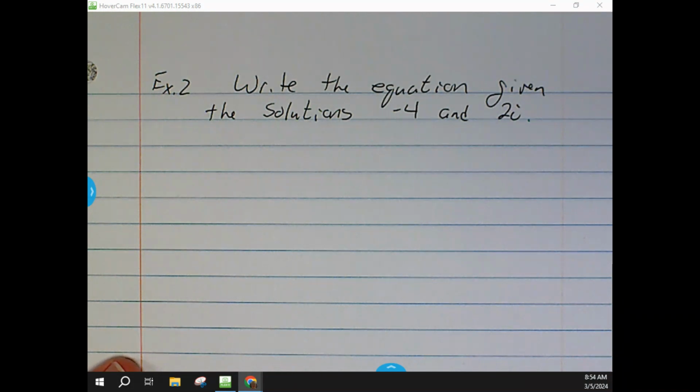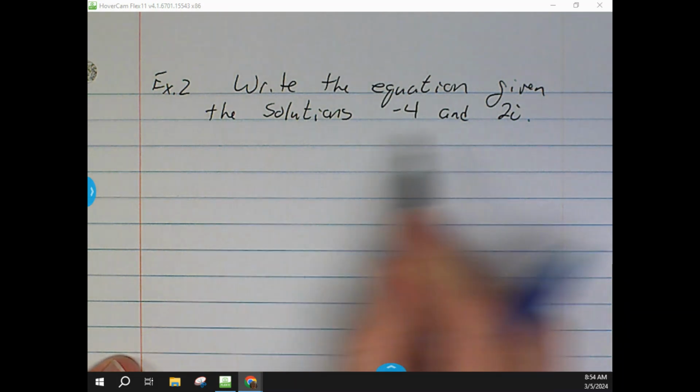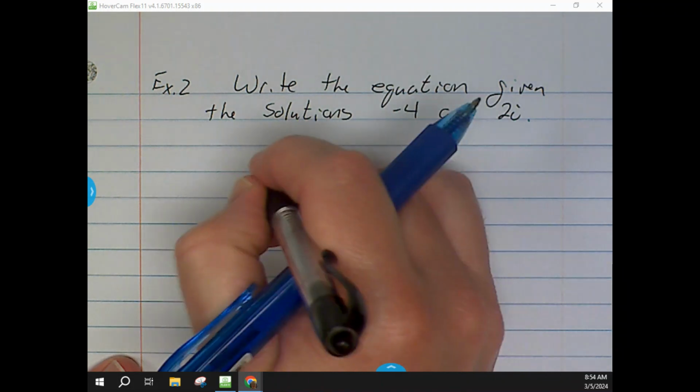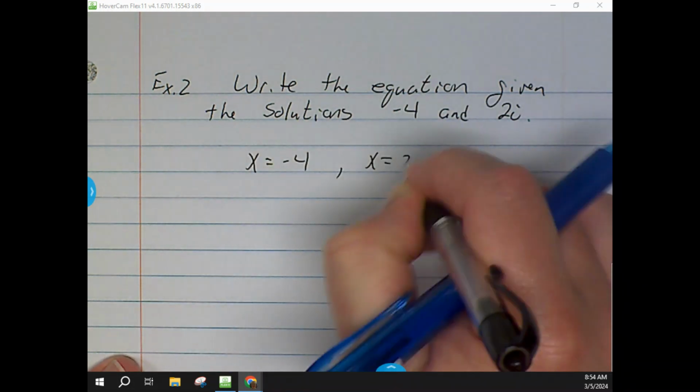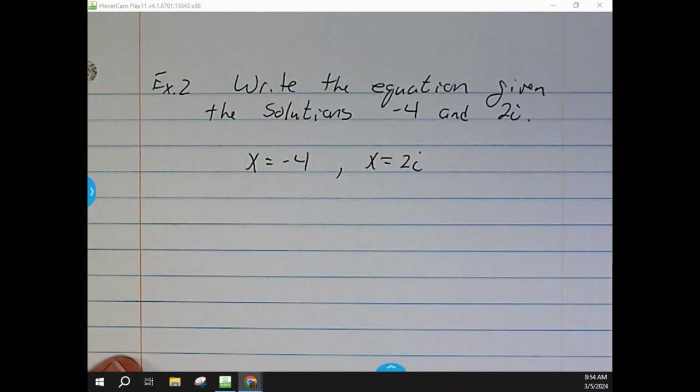Okay, and sometimes with this one, the way they word some of these, they might not give you even the x equals we had on this one. So probably the very first thing you'd want to do for this one is, if that's what we have here, that's our two solutions. That means we've got x equals negative 4 and then x equals 2i. Okay, so that's what we were given.